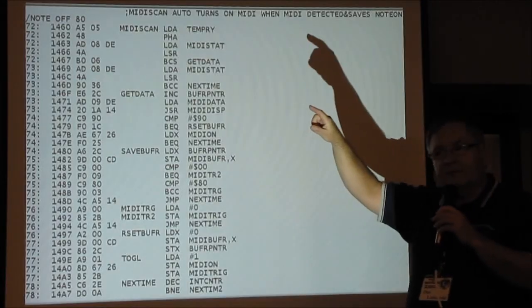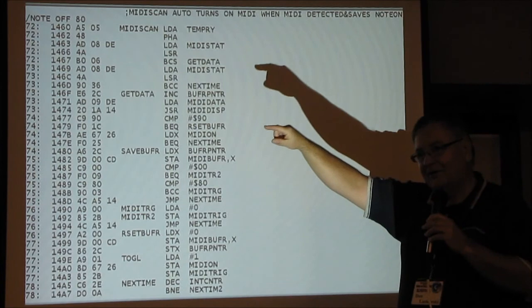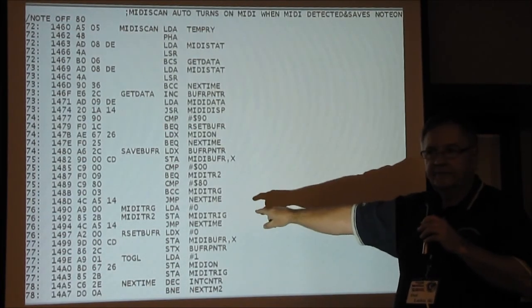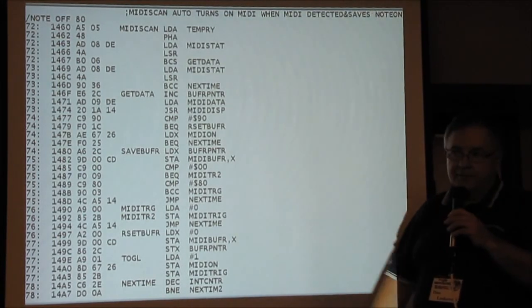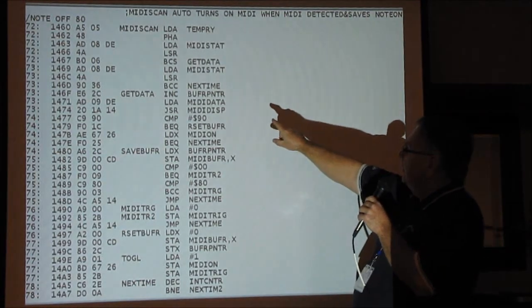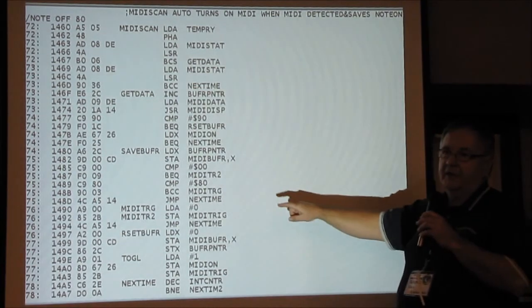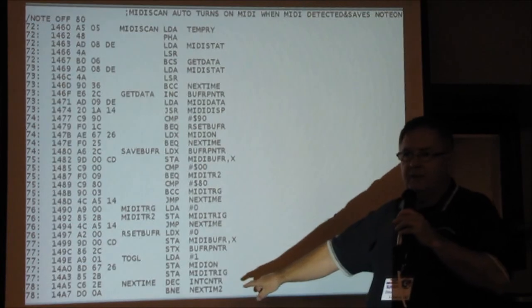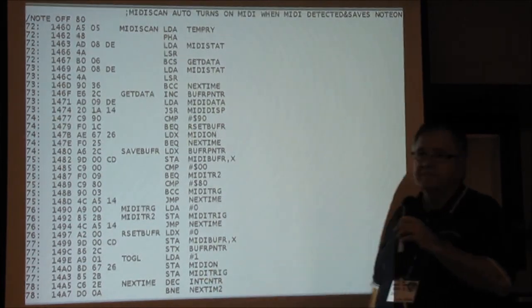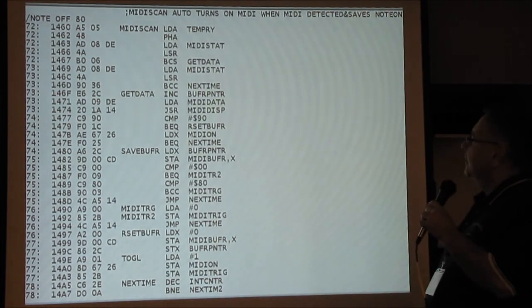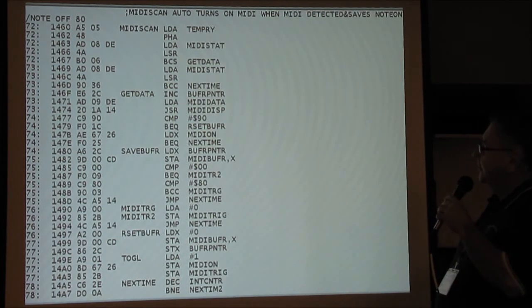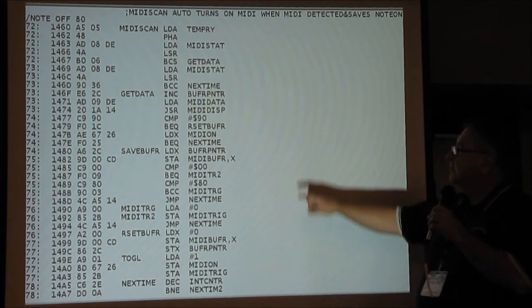We'll check it next time, a 3,000th of a second later, because we have other work to do. We can't stay here and wait for this thing, so we have to jump right into the rest of the program. So it says, go BCC next time. Next time means to skip all the MIDI interface and start implementing the effects. Okay? Now if it does see MIDI data in there, there's a buffer pointer which I created.